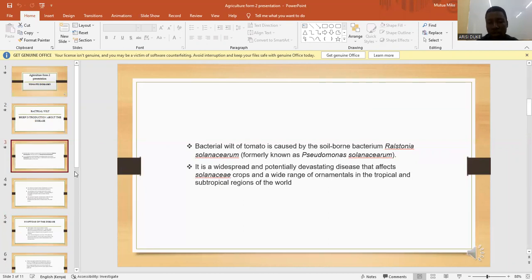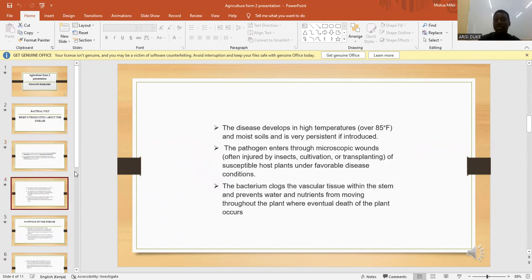We find that bacterial wilt is a soil-borne disease, and this disease affects the Solanaceae family. The Solanaceae family are crops like tomatoes and so on. This disease is favored when the temperature is too high, and it enters the plant through microscopic wounds.